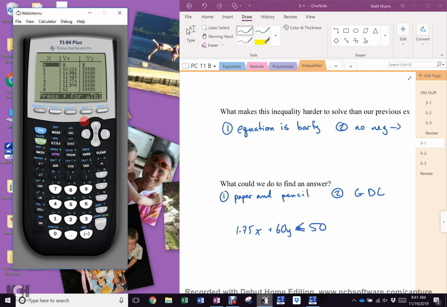Oops. Window. No, that's not what I need to do. Second format. Watch.